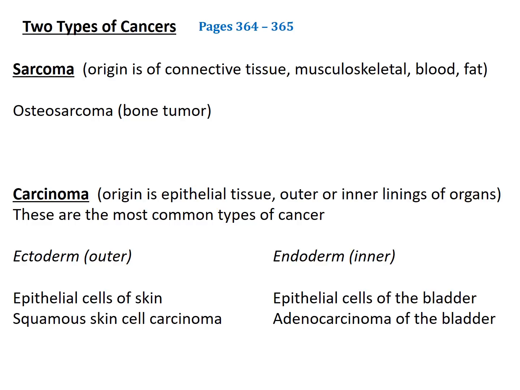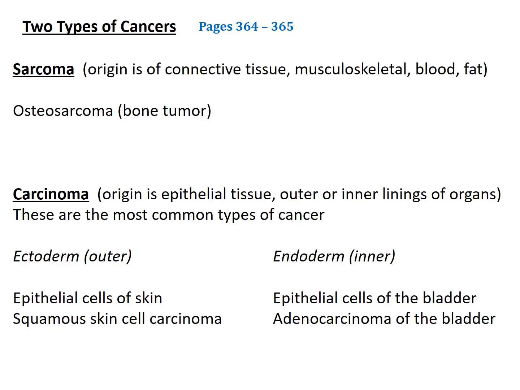If you had a cancer that came from endodermal cells, and the endodermal cells are typically the glandular epithelial cells, then we add adeno in front of it, so adenocarcinoma is a glandular epithelial cancer.